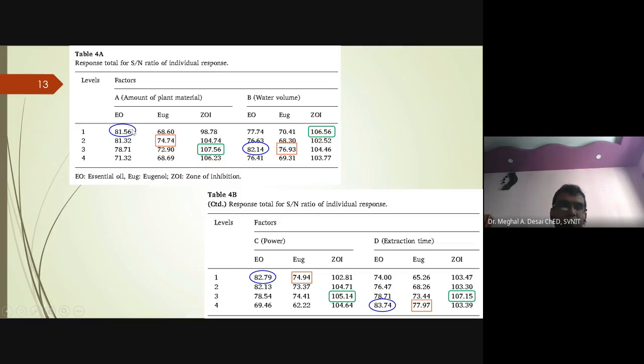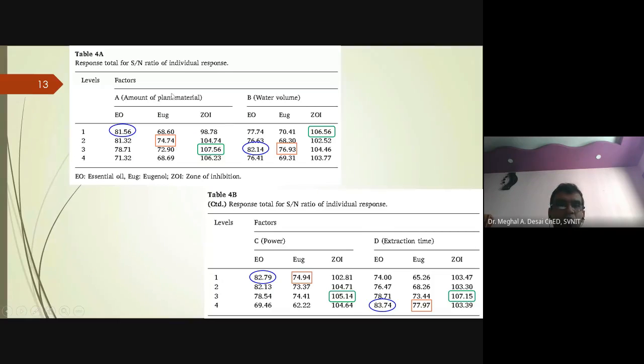The one encircled in blue is the highest signal to noise ratio for essential oil: 81.56, 82.14, 82.79, 83.74. Similarly, the box in red or orange is for eugenol, and green for zone of inhibition.